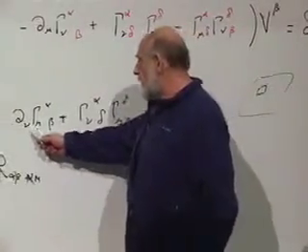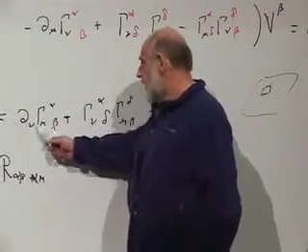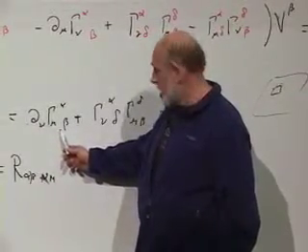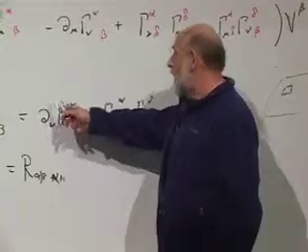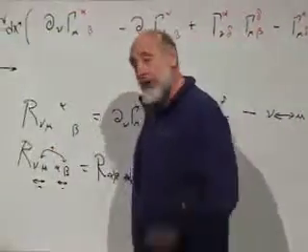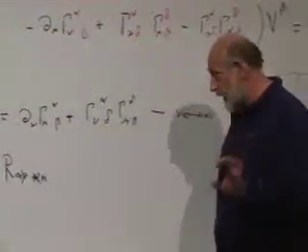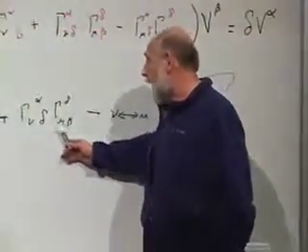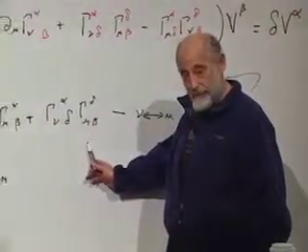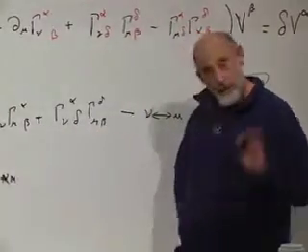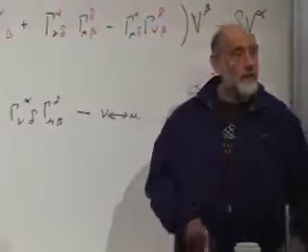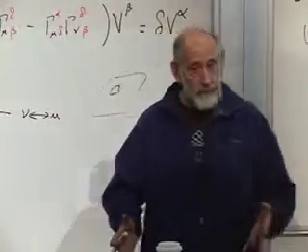That means that these terms here contain second derivatives of g. So the R's have second derivatives of the metric, and these terms here are quadratic in first derivatives. A gamma contains a first derivative, and a gamma times another gamma contains a first derivative times another first derivative.